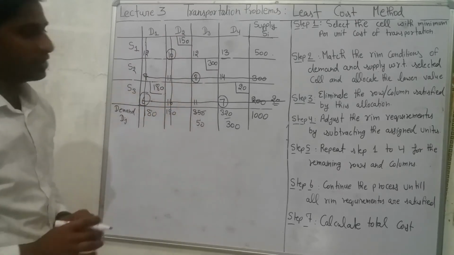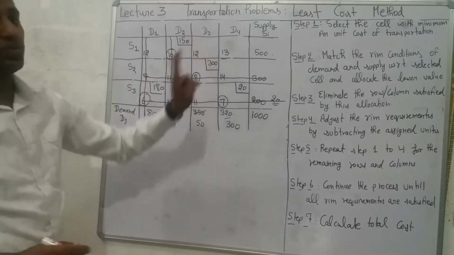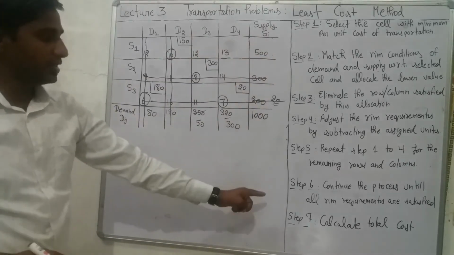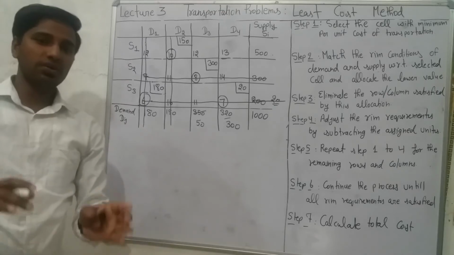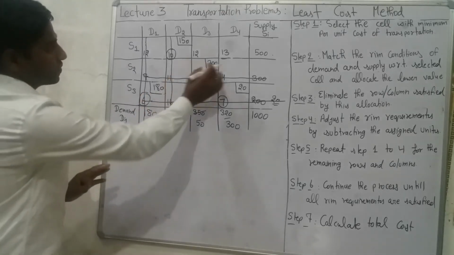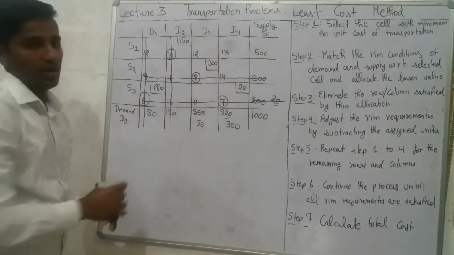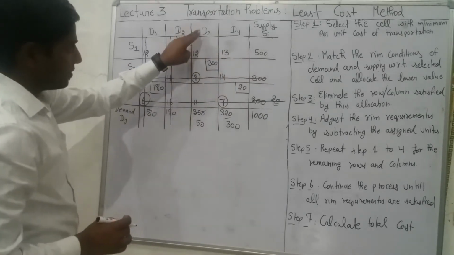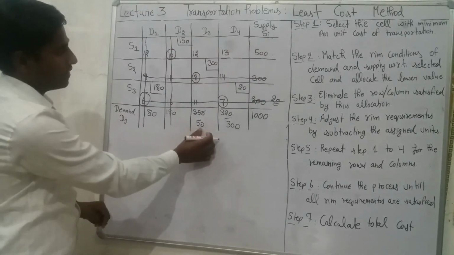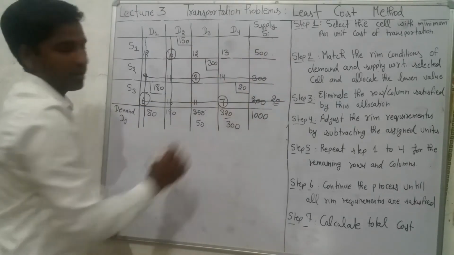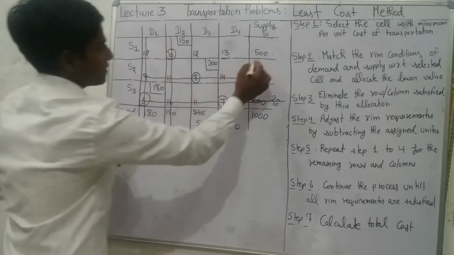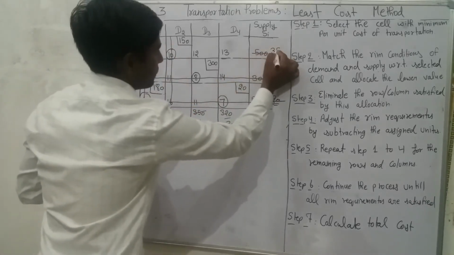So this column is also deleted. Now we are left with only 2 cells, 12 and 13. Again repeat the process until the requirements of all the rows and columns are satisfied. So select the minimum, that is 12. Match the demand and supply. So demand is of 50 units and supply is, of the 500, 150 units we have allocated to D2, so the remaining units were 350.